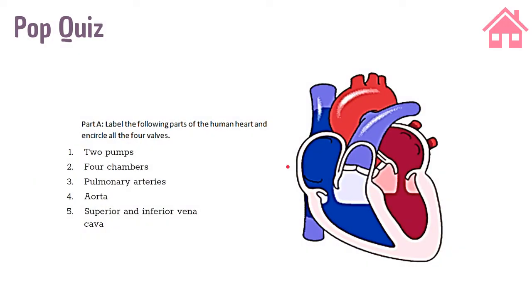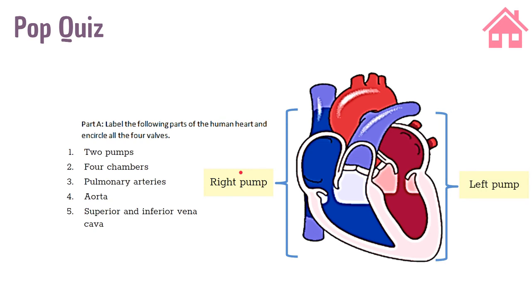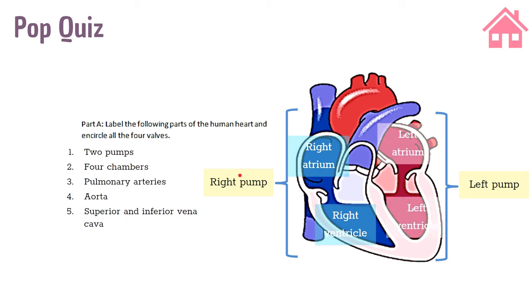Now let's try this task. Label the following parts of the human heart and encircle all four valves. The two pumps first: you have your right pump and your left pump. The four chambers are your right atrium, right ventricle, left atrium, and left ventricle.